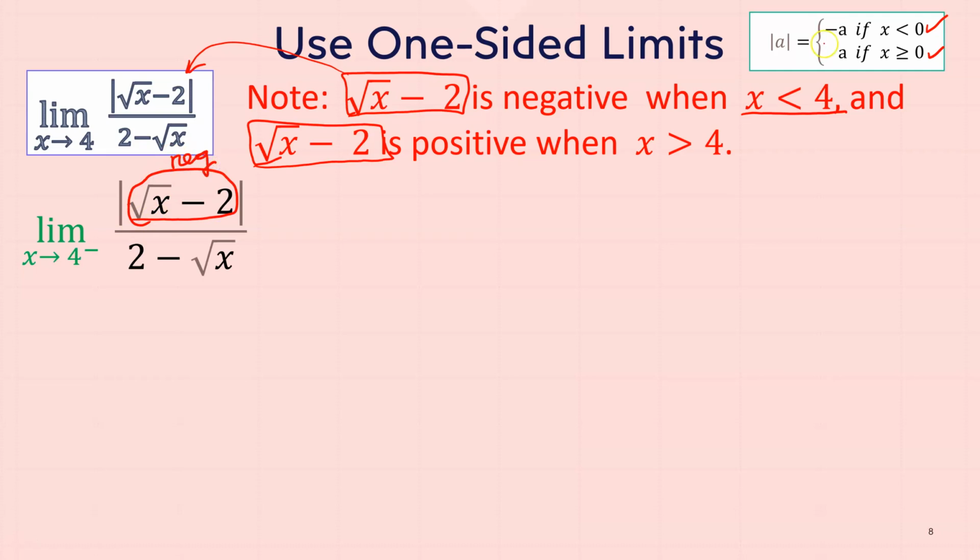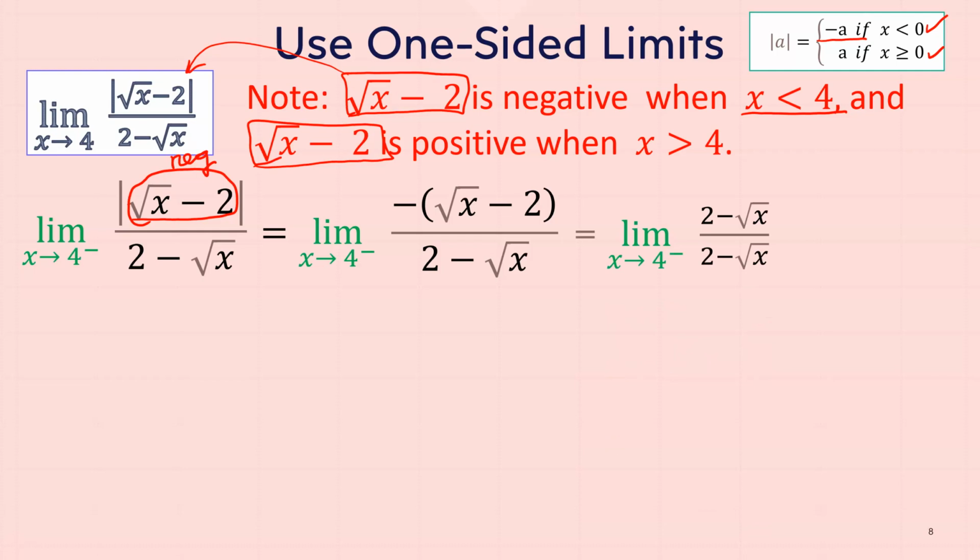And when that is negative, by the definition, the absolute value of it is its opposite. So we can rewrite that as the opposite of square root of x minus 2, which is 2 minus square root of x. In which case we have 1 right here because a thing divided by itself is 1. So the limit as x goes to 4 from the left, that's the notation for that, is 1.